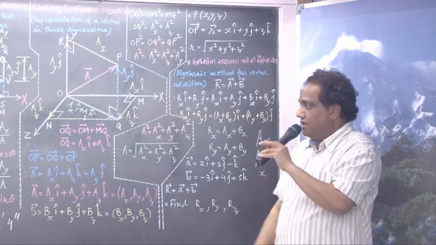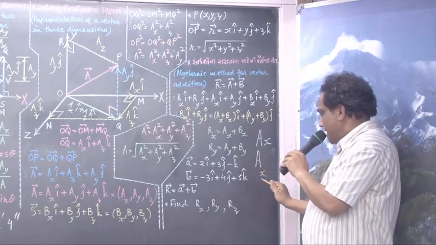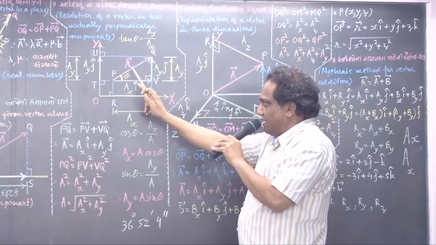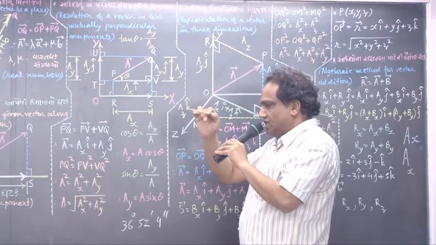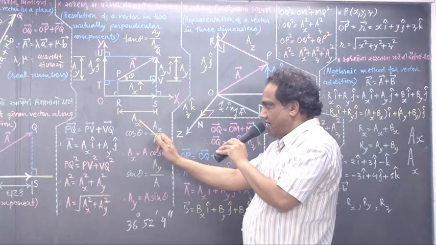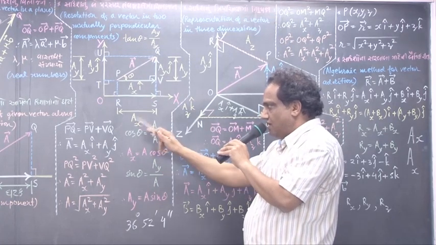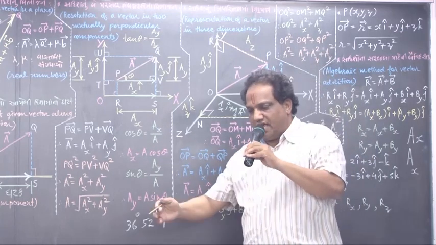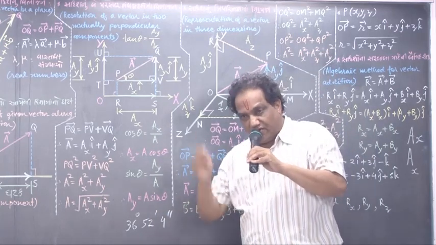Look here. AX is going to give you the component of vector A along the x-axis. The symbol is AX, with X well below A. But this is magnitude-wise or length-wise. What about vectorially?